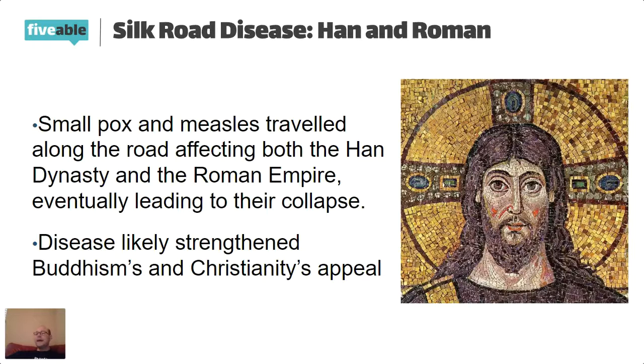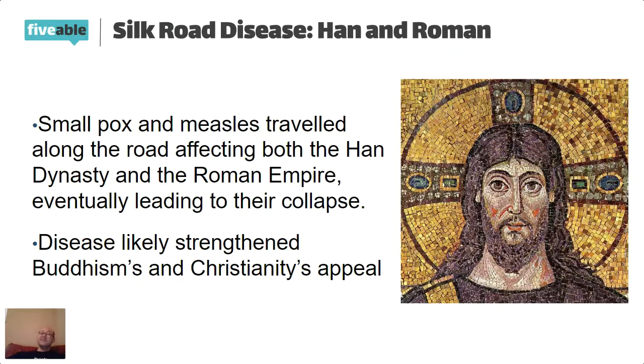So here we have, during the Han and the Roman, smallpox and measles traveling along there. It eventually will lead to both of their collapses because it will weaken the empires from within, and it will allow other invaders to take advantage of that weakness.